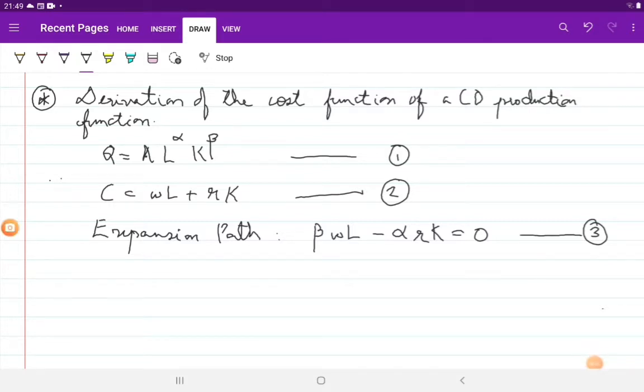To solve these three equations simultaneously, my first step is to multiply equation 2 with alpha, which will give me alpha times WL plus alpha times RK is equal to alpha times C.